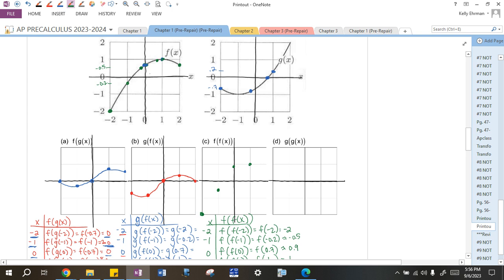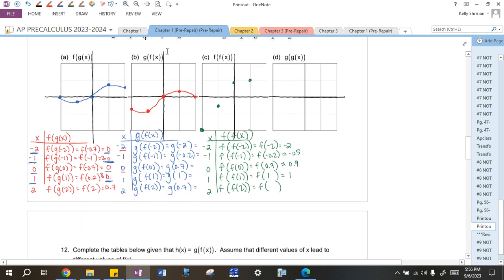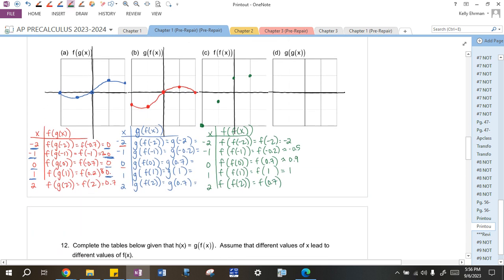About 0.7, I think. It's about the same as f of 0. And we said f of 0.7 was about 0.9 is what I said earlier. So this one's a little weird the way I have it plotted. Maybe my point could be moved up a little bit. It's kind of a strange one.